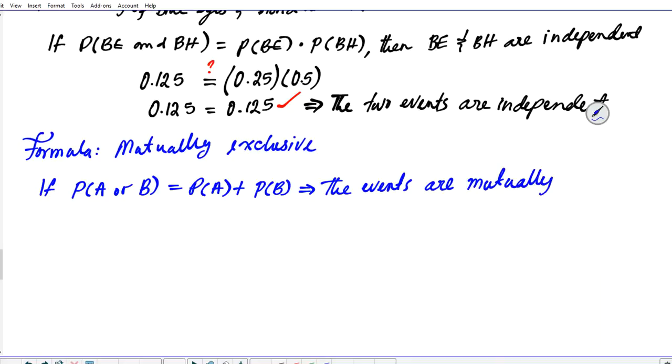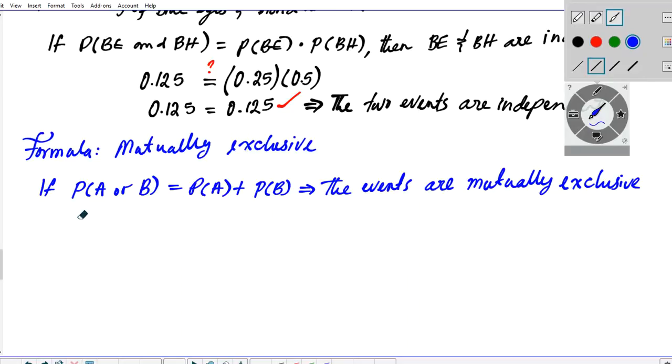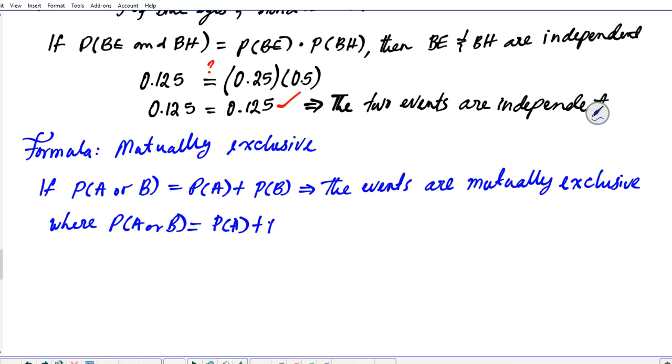Okay? If not, then they're not mutually exclusive. Okay, so another thing you want to note is that probability of A or B is equal to probability of A plus probability of B minus probability of A and B.